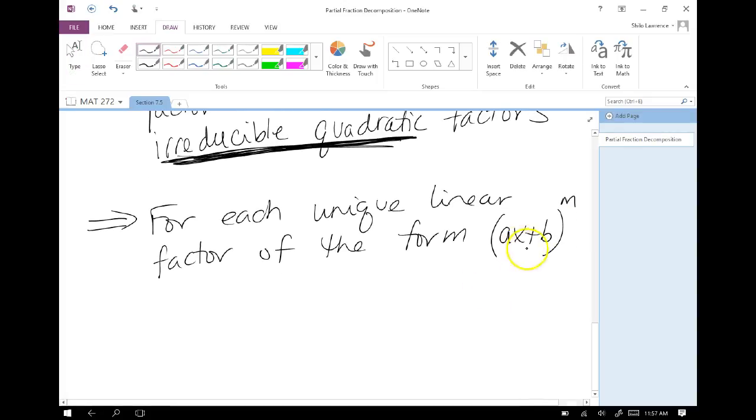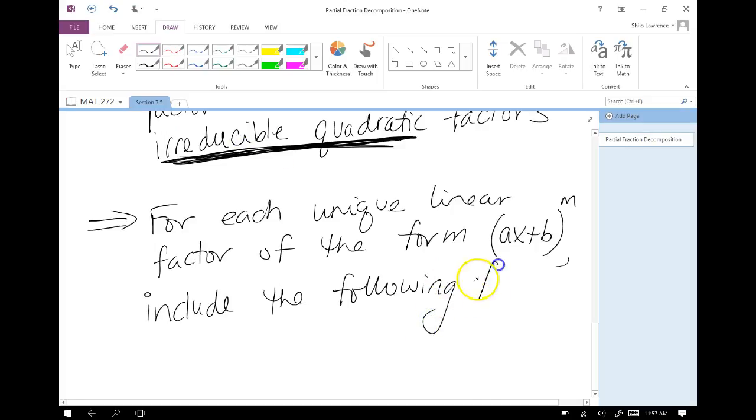So I've got one linear factor that shows up several times in my factorization. So for each unique linear factor of the form ax plus b to the m power, we're going to include the following fractions in the partial fraction decomposition.